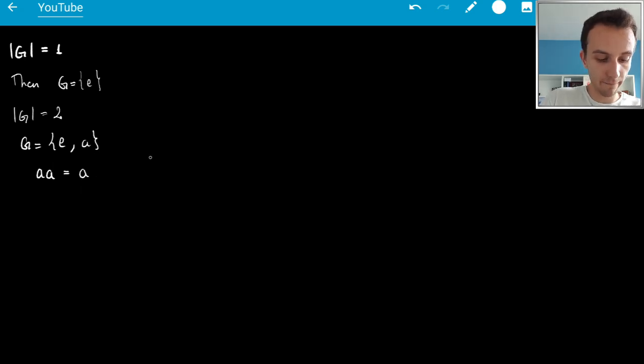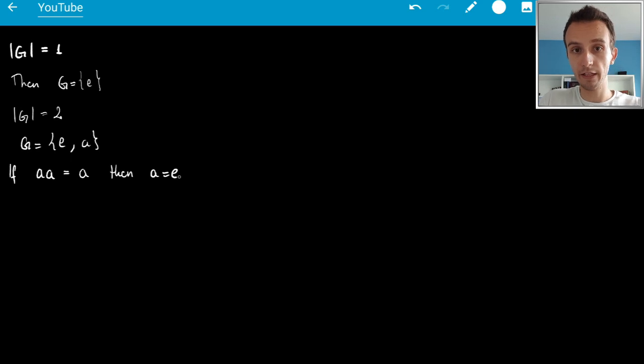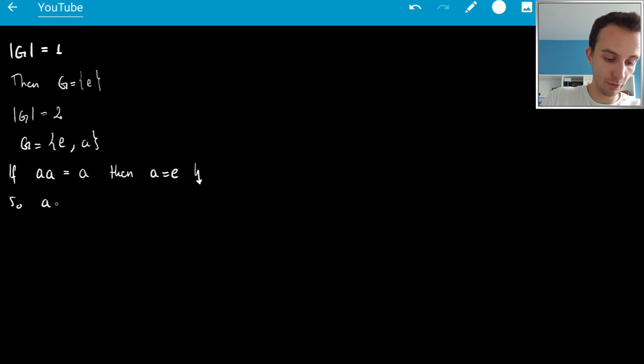If A times A is A, then A equals E, because A is the element which, when you multiply it with A, you get itself. So it's E. That's a contradiction, because then the group size would be 1, it wouldn't be 2. So you know that A times A is E, therefore A is A inverse.